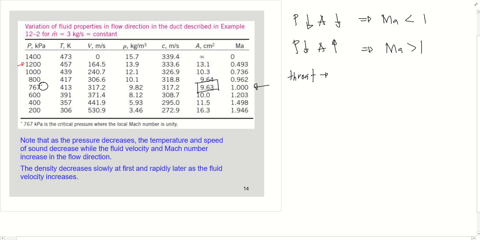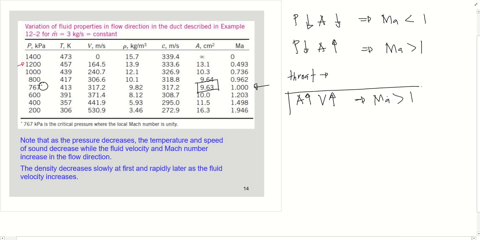And then what is interesting is that when the area is increased, the velocity, as you can see, also increases significantly. So even though the area is increased, the velocity also increases at Mach number higher than 1.